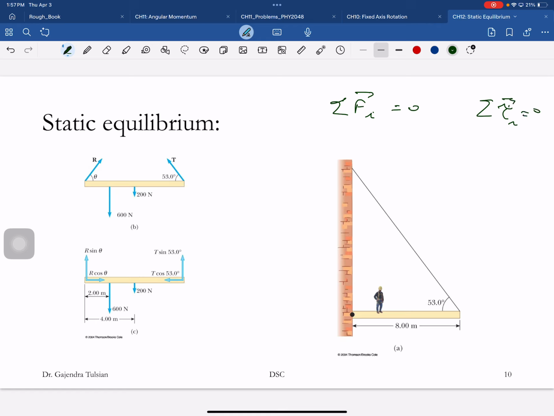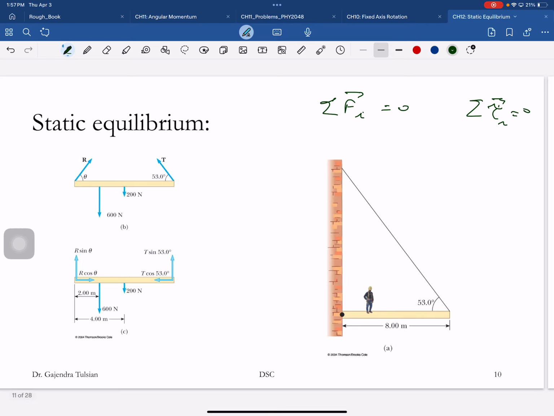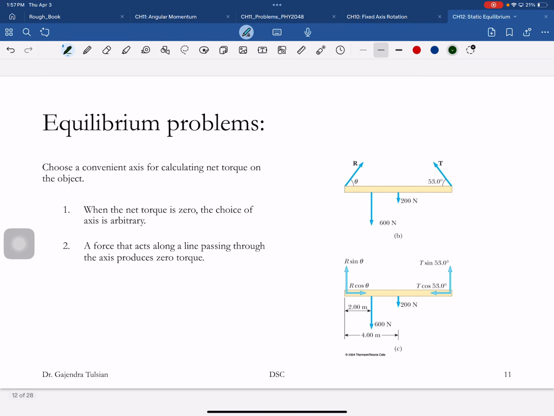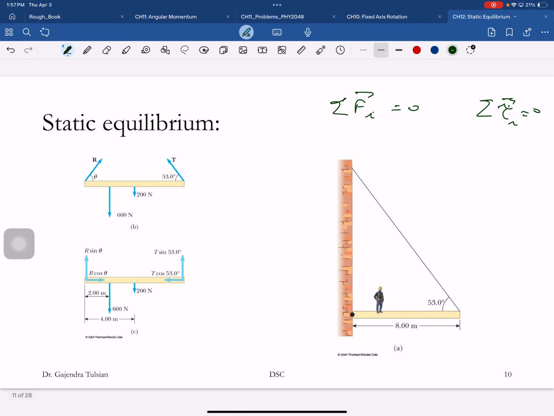And that's what this chapter is about. Okay, you guys understand? Now here's the deal. The torque of a force depends on what point you're calculating the torque about.